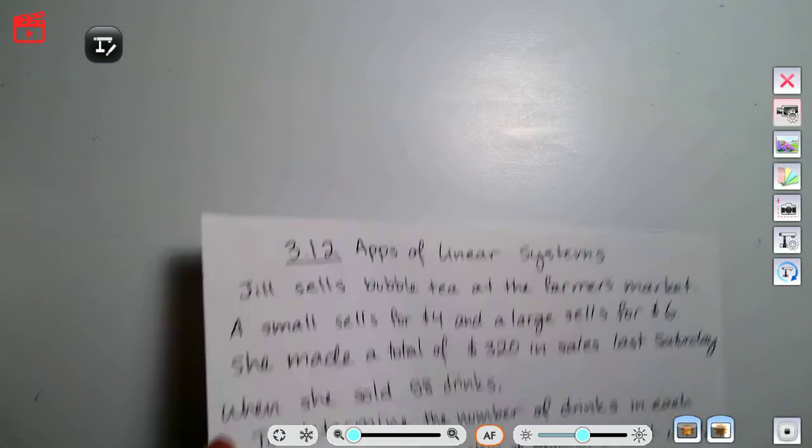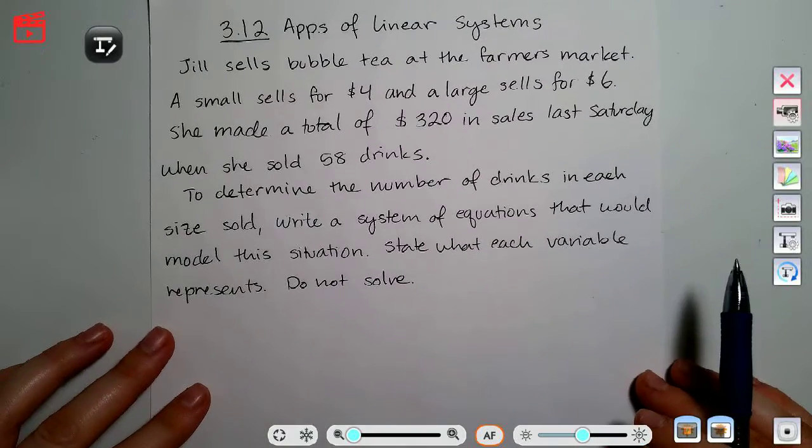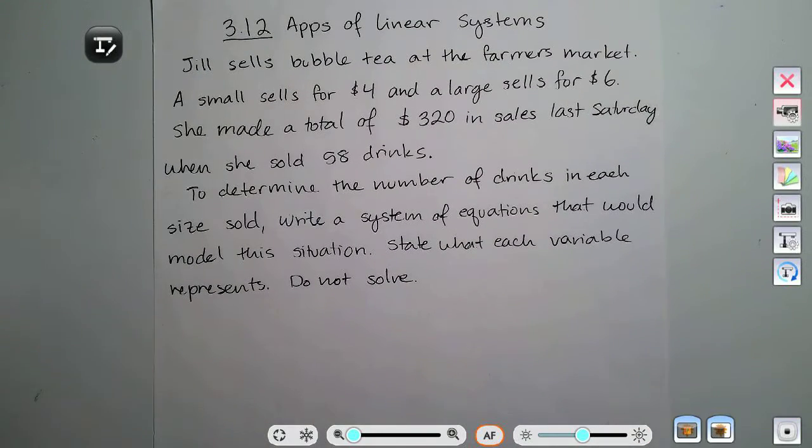All right, so let's take a look at class activity number one, which is going to be 3.12 apps of linear systems. All right, so I've written out the word problem. Okay, so Jill sells bubble tea at the farmer's market. A small sells for $4 and a large sells for $6. She made a total of 320 in sales last Saturday when she sold 58 drinks.